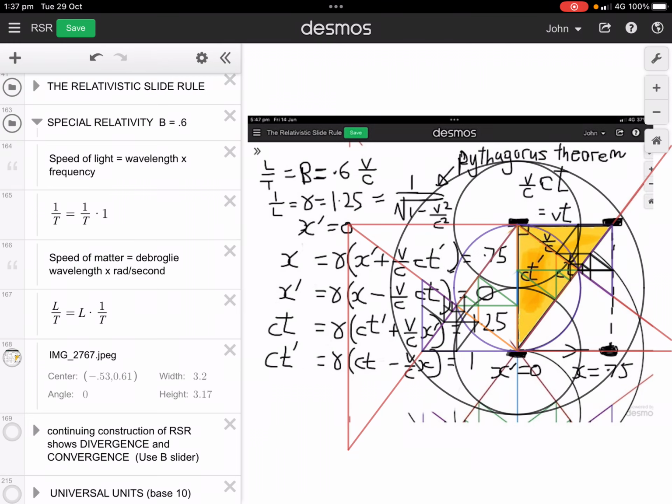And so you've got a light clock, and it's travelling to the right. That's the matter. It's travelling to the right at 0.6 c, I guess. Anyway.